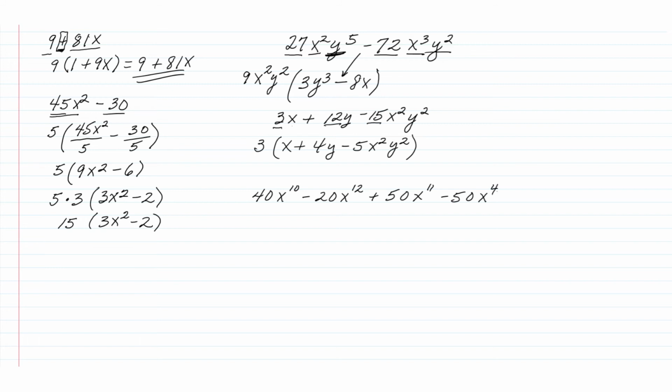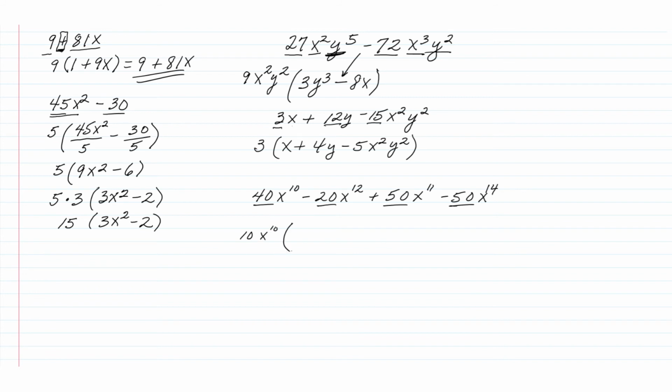I notice every one of these terms is divisible by 10, so we can pull a 10 out of everybody. How about our x's? Every one of these expressions has at least x to the 10th. So let's pull out 10x to the 10th.